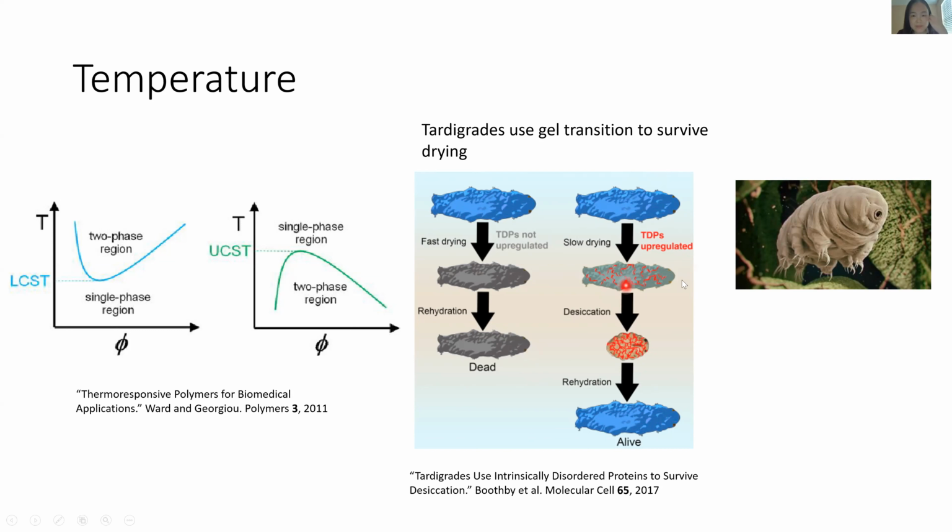Once you go past the glass transition temperature, this stops working as well. And you can imagine that water bears are also perhaps using similar mechanisms as a response to heat shock, right? So it's very plausible that protein phase transitions are an important response to temperature changes.